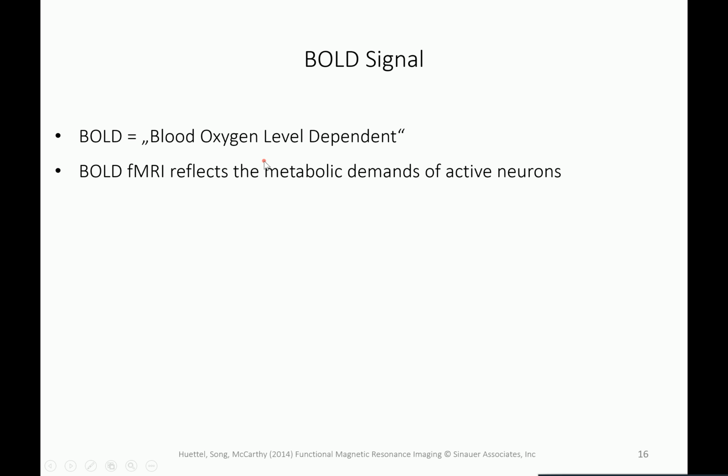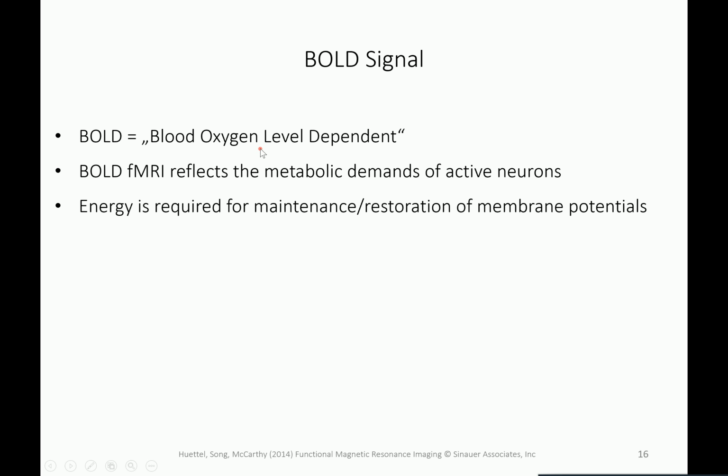So it's not action potentials or excitatory postsynaptic or inhibitory potentials, but it's a reflection of the metabolic demands of active neurons. Yeah? So it's an indirect measure of neural activity. Always has been, and BOLD always will be.